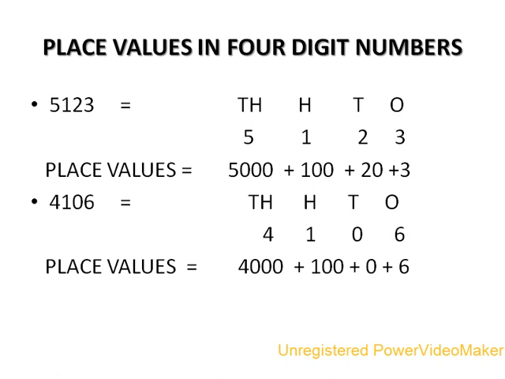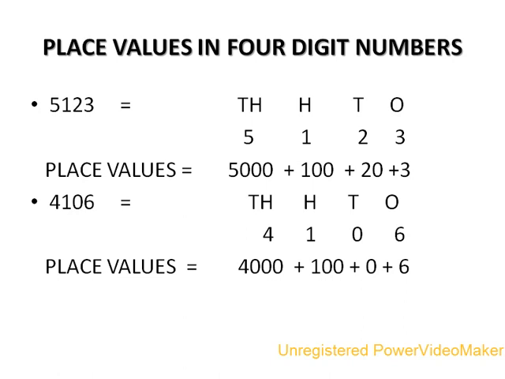Example 5, 1, 2, 3. So 5 will come at the place of 1000, 1 will come at the place of 100, 2 will come at the place of 10 and 3 at 1. And to find out the place value, we will multiply the number with its place.